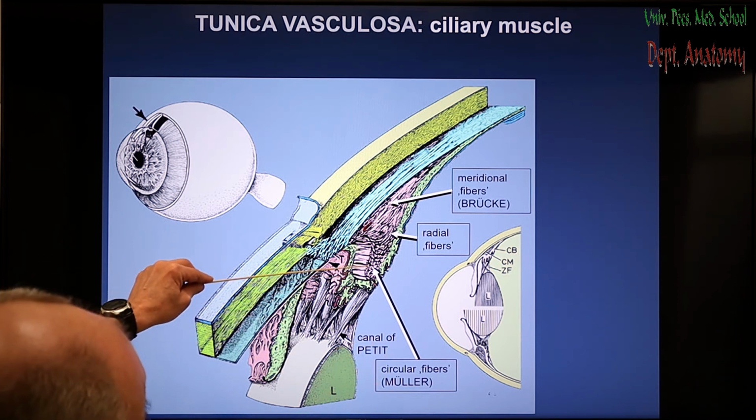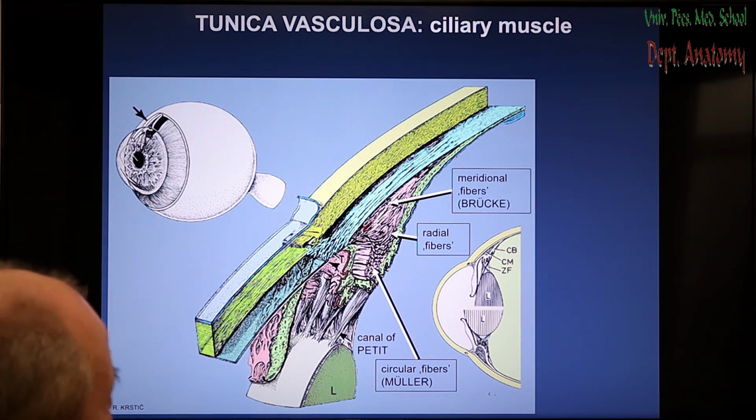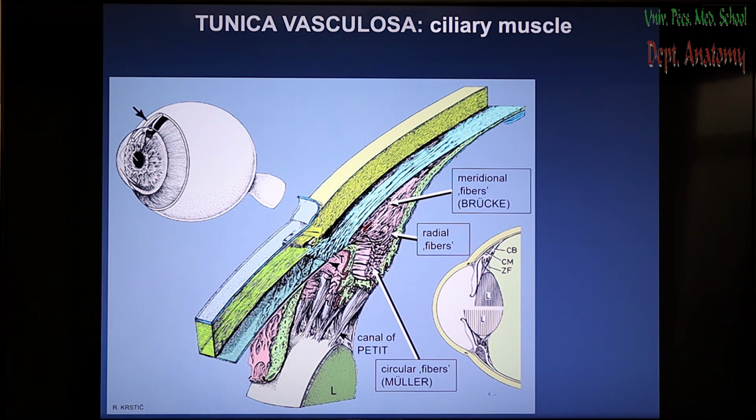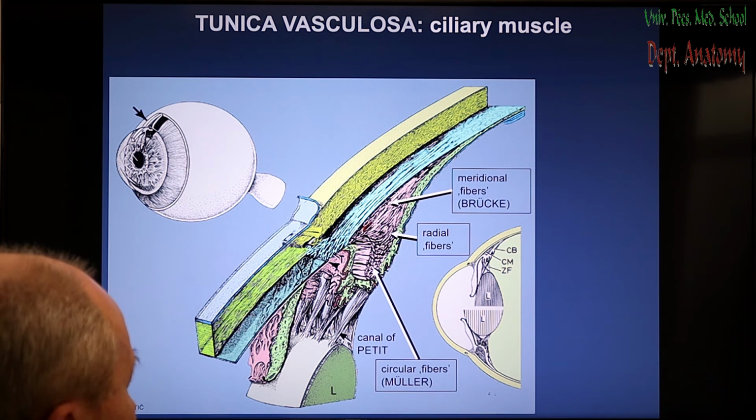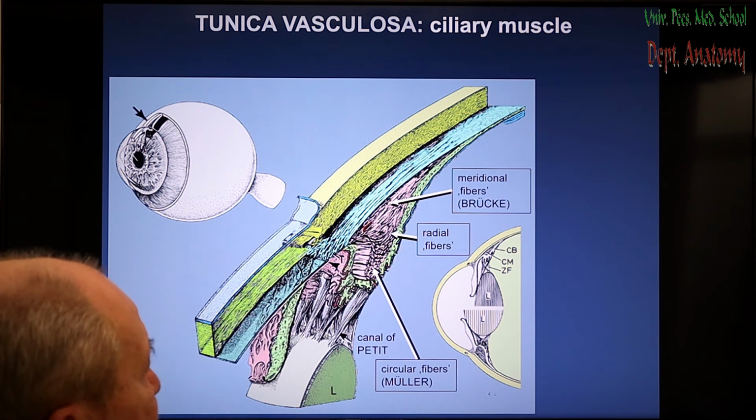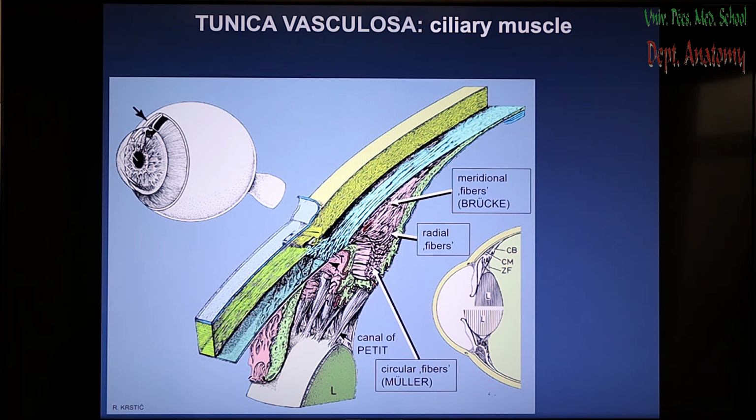The innermost cells are arranged in circles, so they act as a sphincter, and these are the circular muscle cells. The outer was described by Brücke, the inner by Müller, and these terms are necessary for the clinics, not for the anatomy exam.